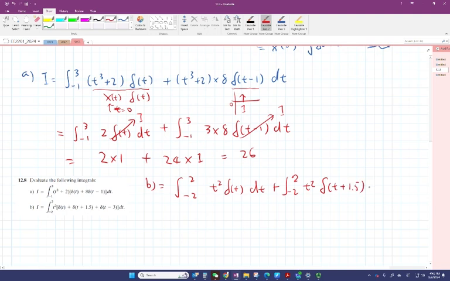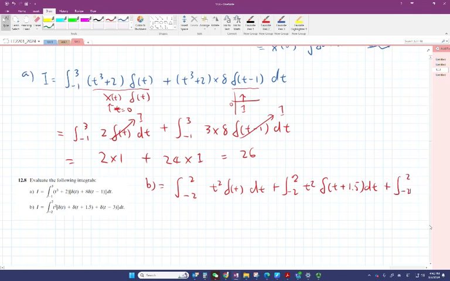Okay, this is a plus this time. So we can make it into 3 individual integrations.